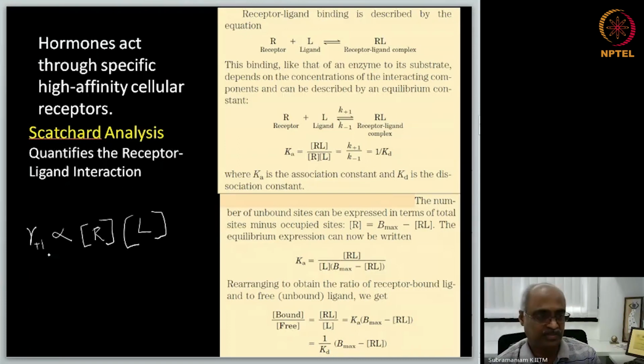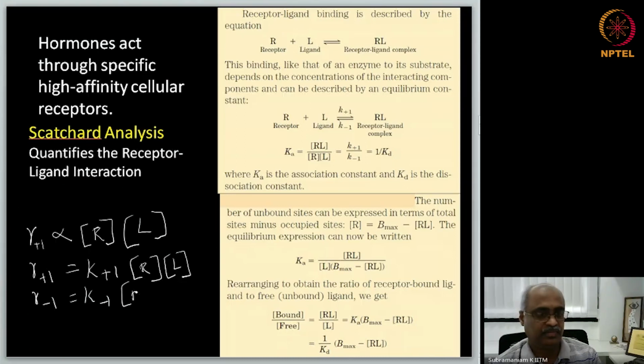This is the law of mass action. And if we introduce a proportionality constant, we get this. And for the reverse similarly, this will be the reactant. So are you with me till now?